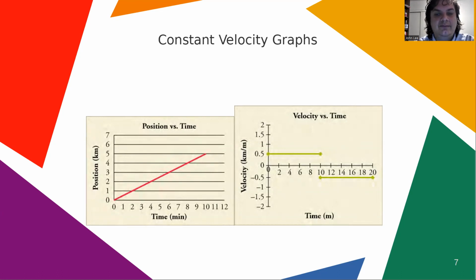But for that period from 0 to 10 minutes, you are going at a constant velocity, so you are just going to have a straight constant line always at 0.5 kilometers per minute. And another thing to note is that because velocity is a vector, instead of just taking the absolute value like you would for speed, if you're going in the opposite direction, then you can have that negative 0.5 kilometers per minute like we see in this graph.